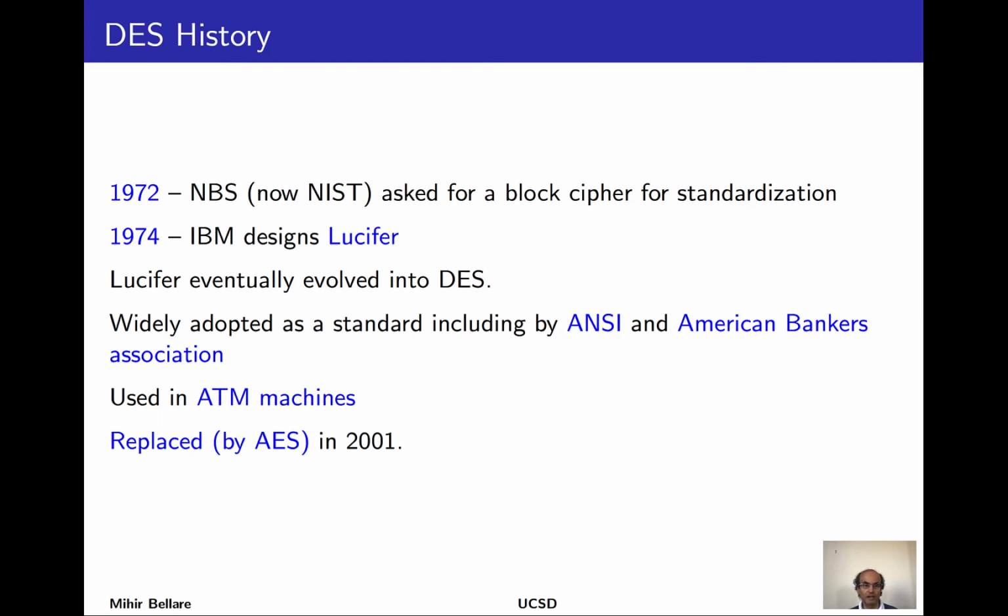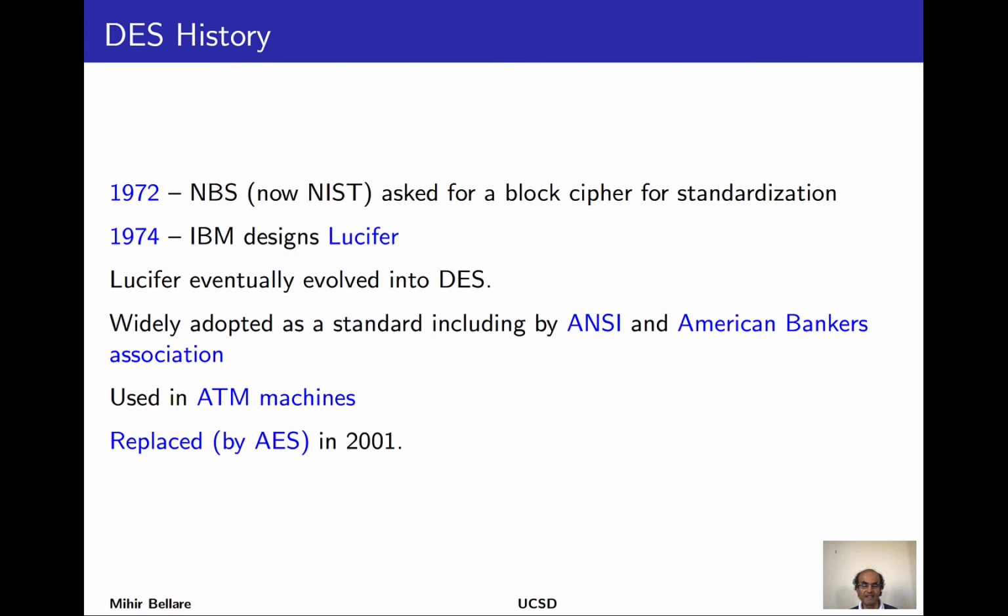So for much of the existence of cryptography, it was viewed as a military subject. It was mainly developed for military applications. But by the early 70s, there was felt a need for a commercial and non-military use of cryptography.